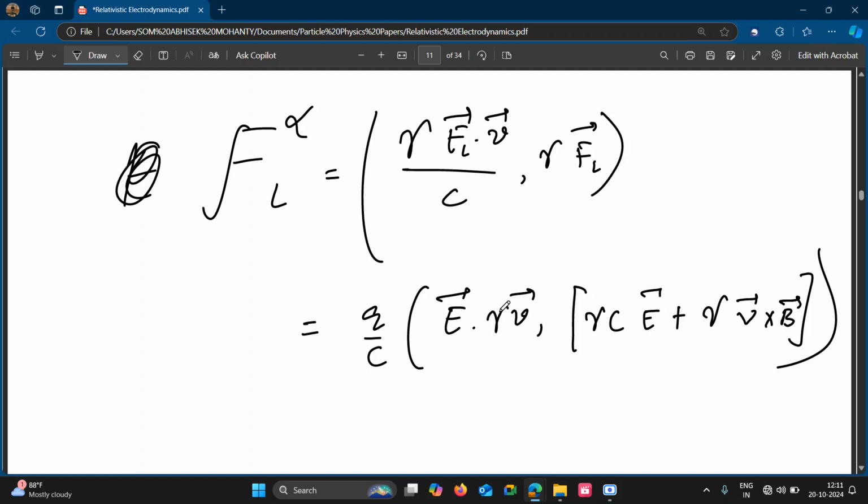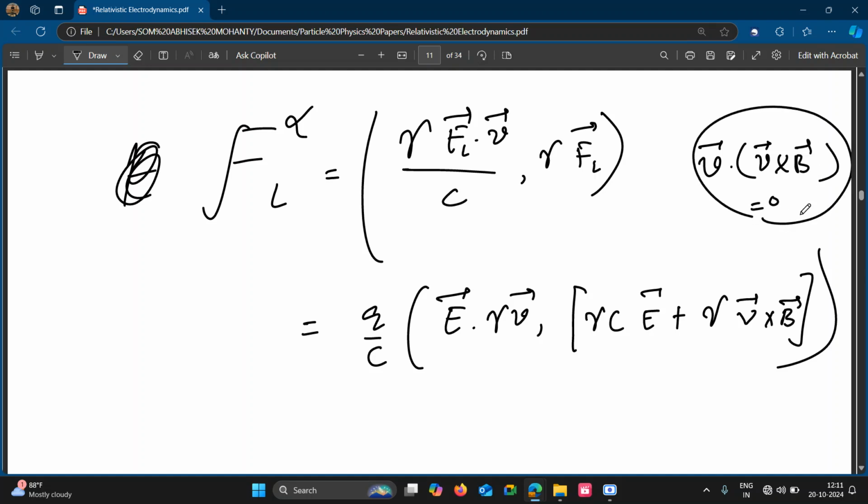You must be wondering where this term went, because V vector is in a dot product here. We take the dot product, so the dot product of V vector with V cross B will obviously be 0, so this term has vanished.